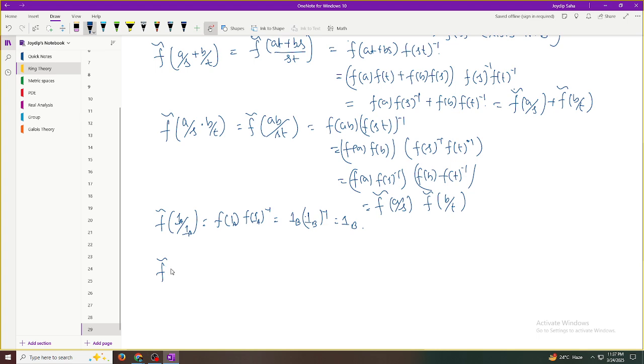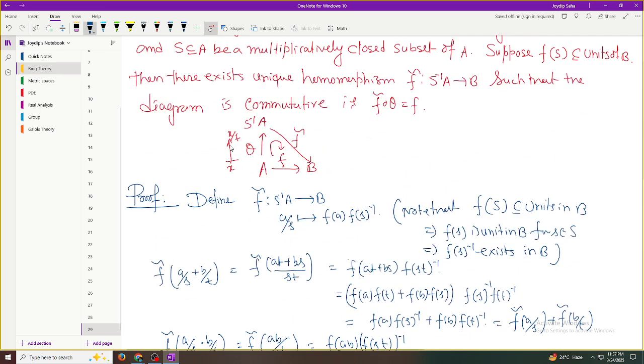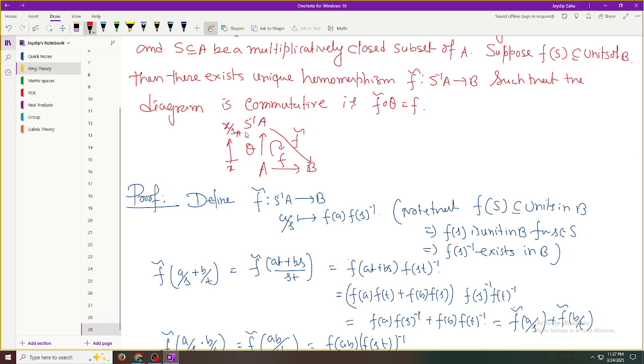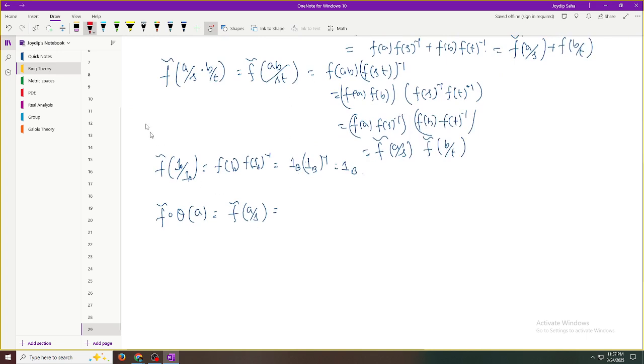F tilde composed with theta of a equals F tilde of a by 1, because theta is a goes to a by 1, so f(a) f(1) inverse, and f is a ring homomorphism, for all a belonging to A.